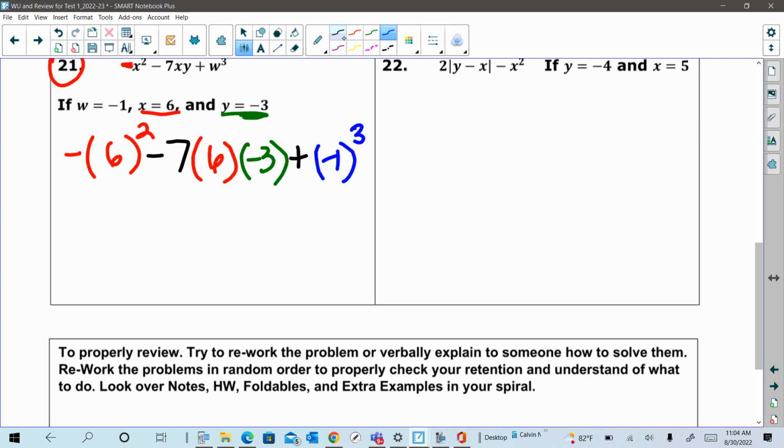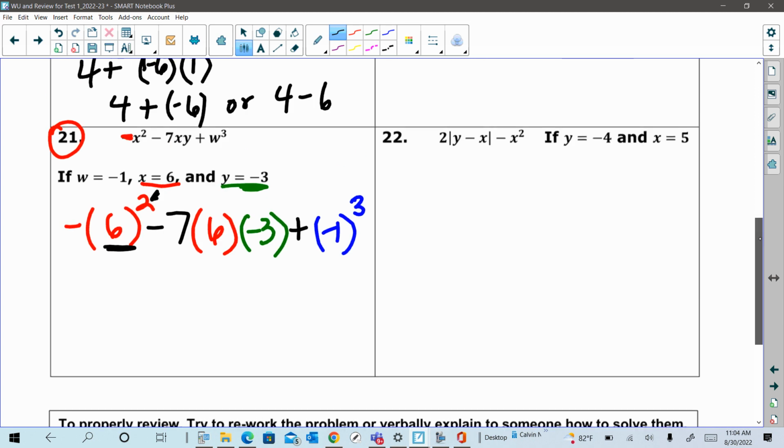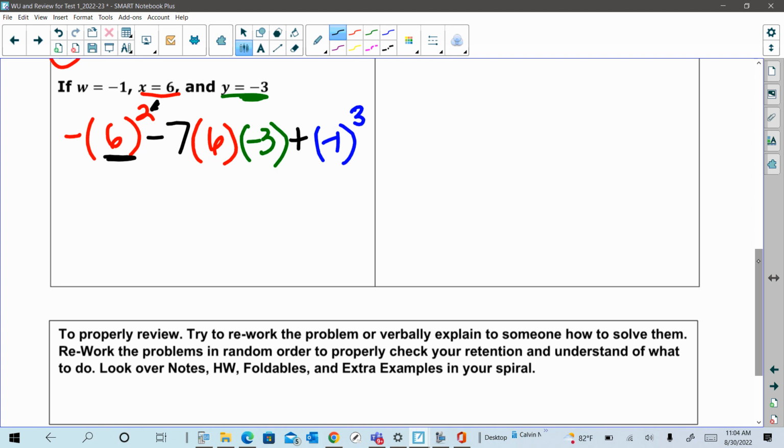And you're going to do your exponent first, the exponent of 6 squared. So when I do that, you keep that negative sign, and this becomes -36, minus 7 times 6 times -3, and -1 cubed is -1.